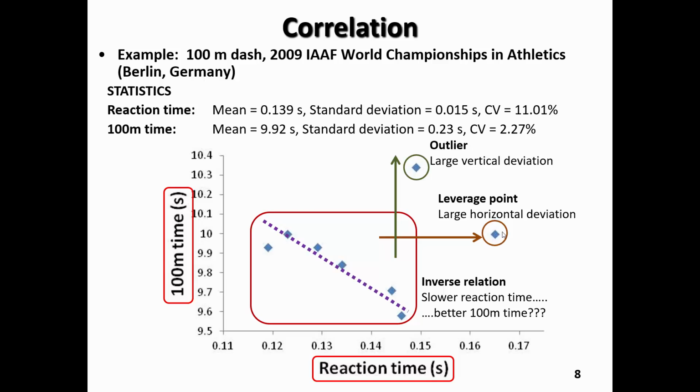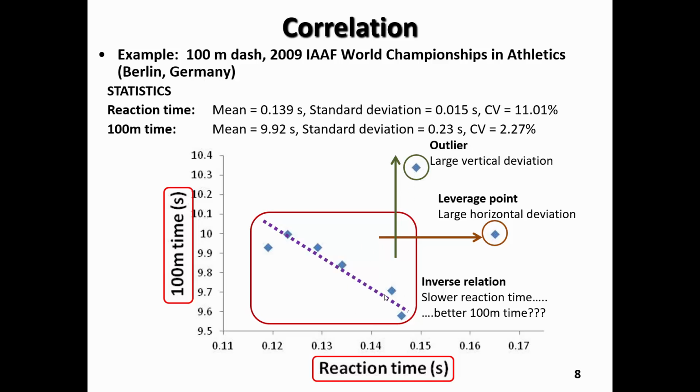Conversely, if we take a look at the leverage point, follow it down to the x-axis, we see that this particular person has a large leverage point because it's sitting far to the right of the rest of the data. And the outlier here, if we follow it down to the x-axis, would actually fall within the cluster.